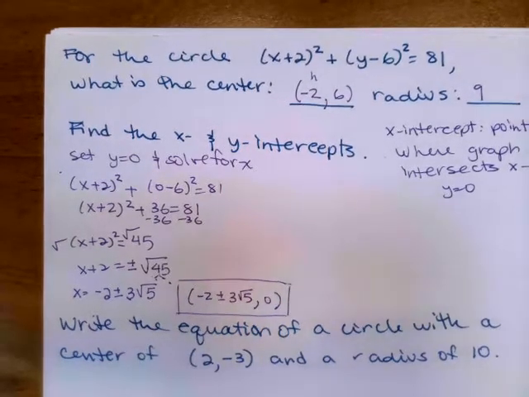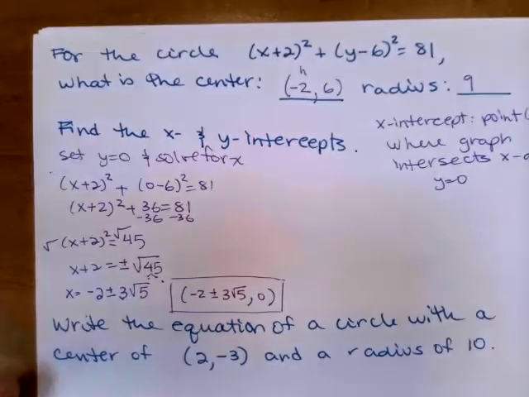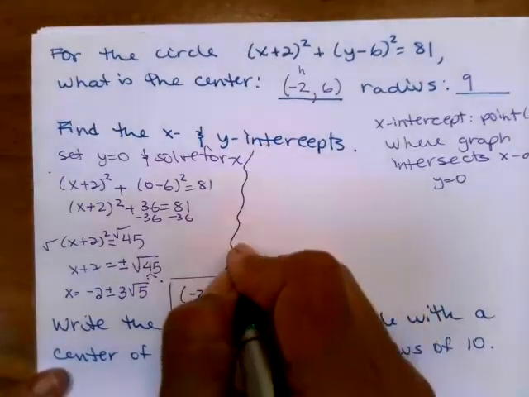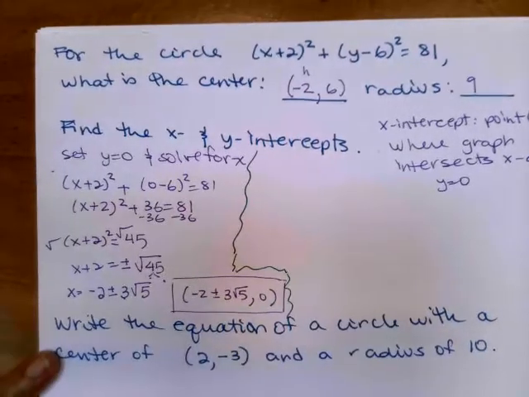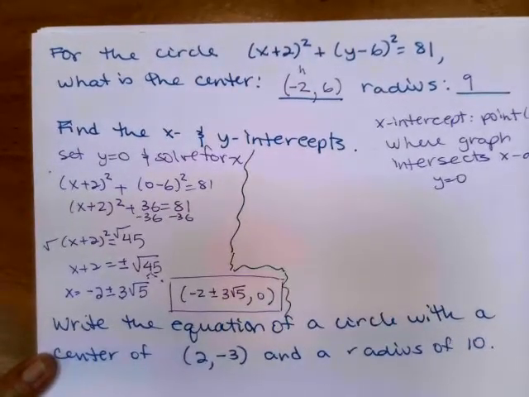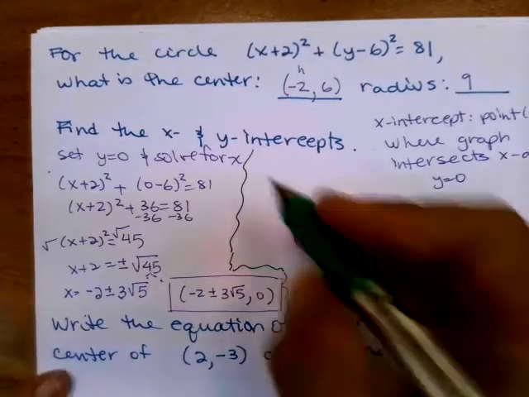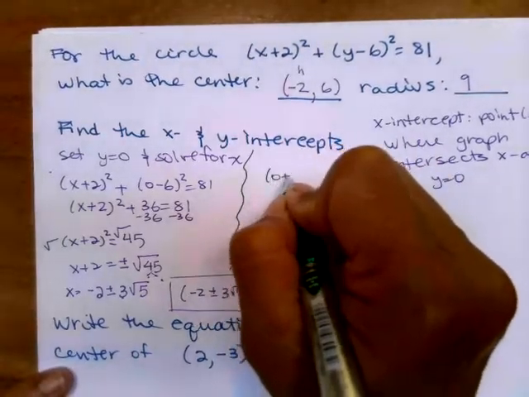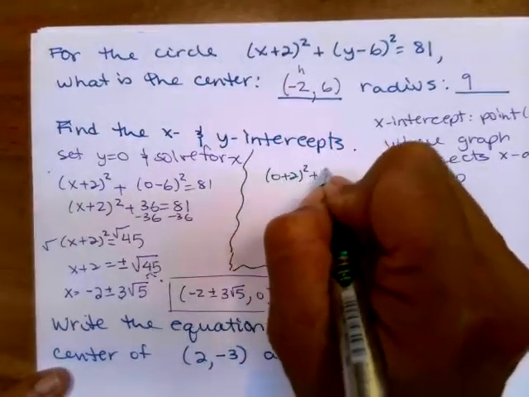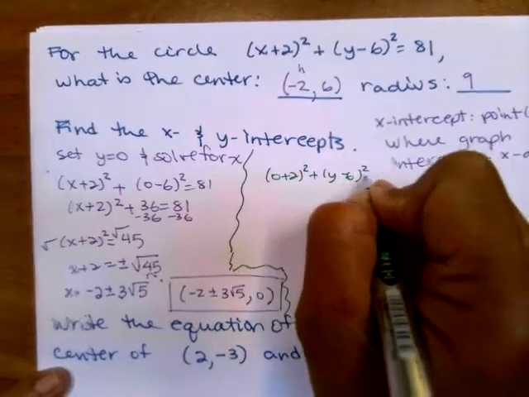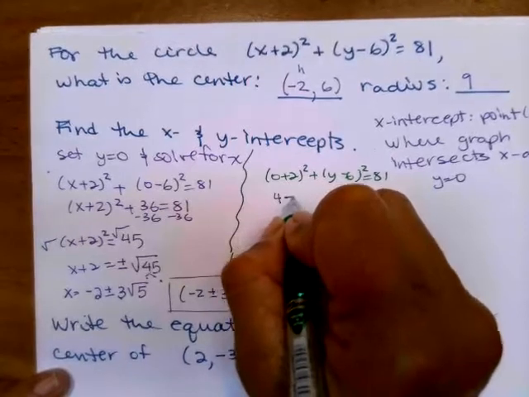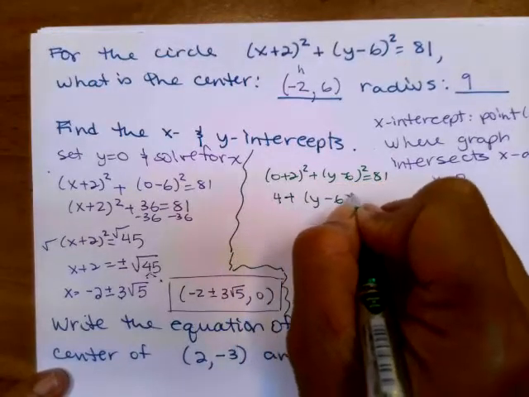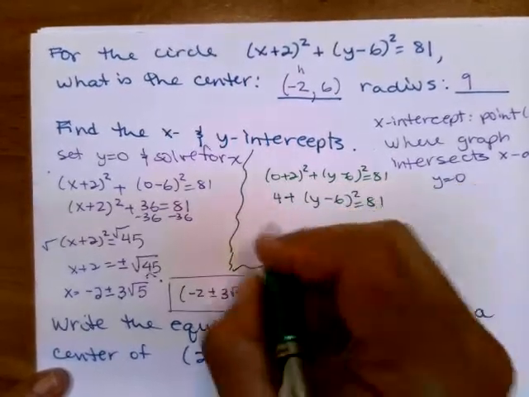Do you want to pause and try the y-intercepts first before I jump in there? Okay, if not, here we go. For the y-intercepts, same idea, except it's the x that gets replaced with a 0. So 0 plus 2 squared plus (y − 6)² equals 81. 4 plus (y − 6)² equals 81.